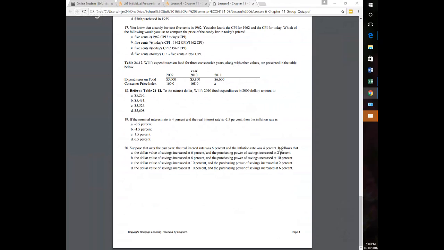So that's where that 10% comes in, and then you subtract your inflation rate. It says that it's increasing 6%, but you're at 10%, and so you get 6% instead of another 10.